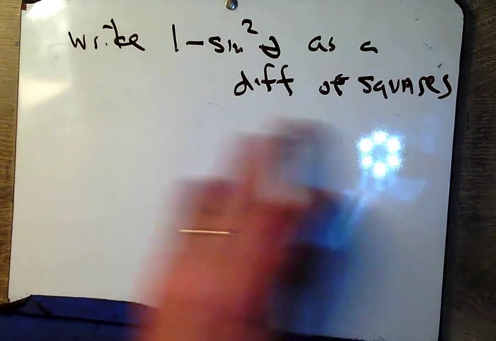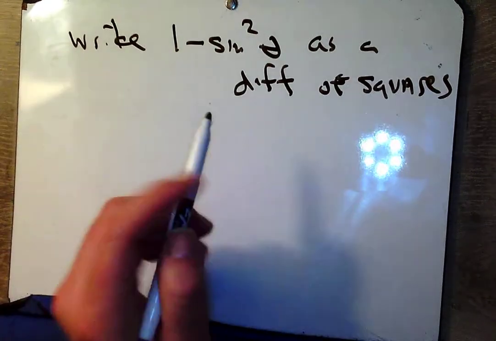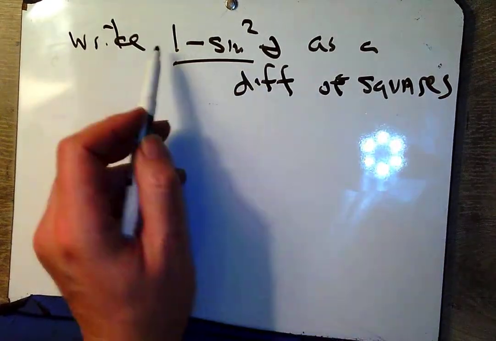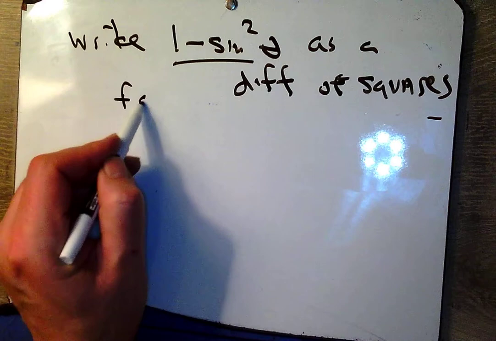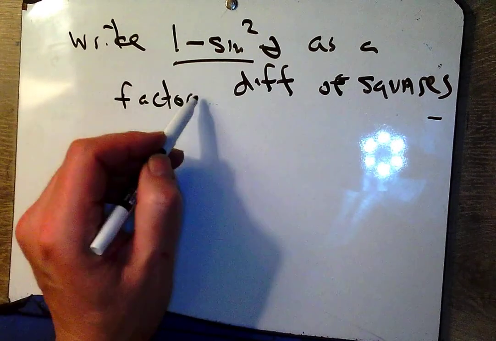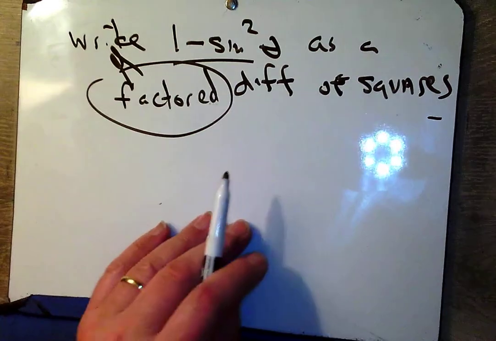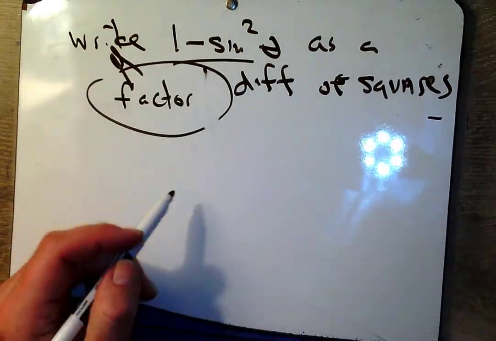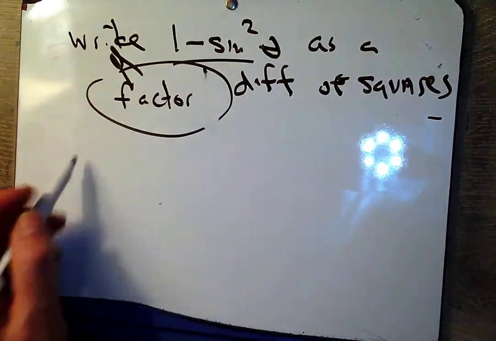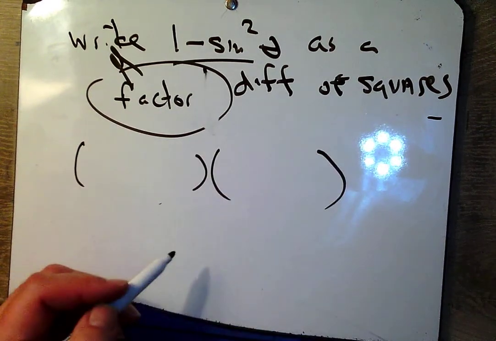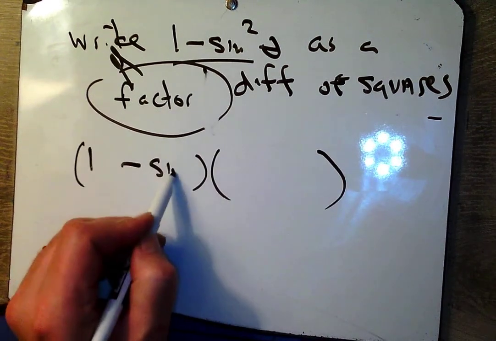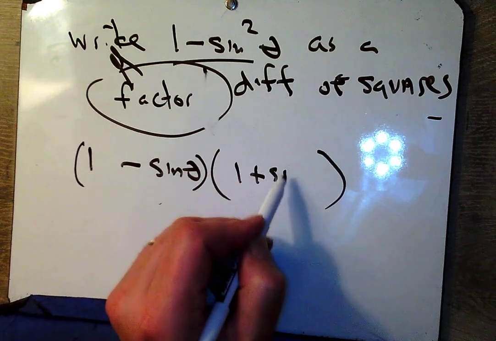That's not what this is asking you to do. This is asking you to turn that as a factor. So maybe we want to say factor this as a difference of squares. So, what's that going to look like when we factor it? 1 minus sine, 1 plus sine.